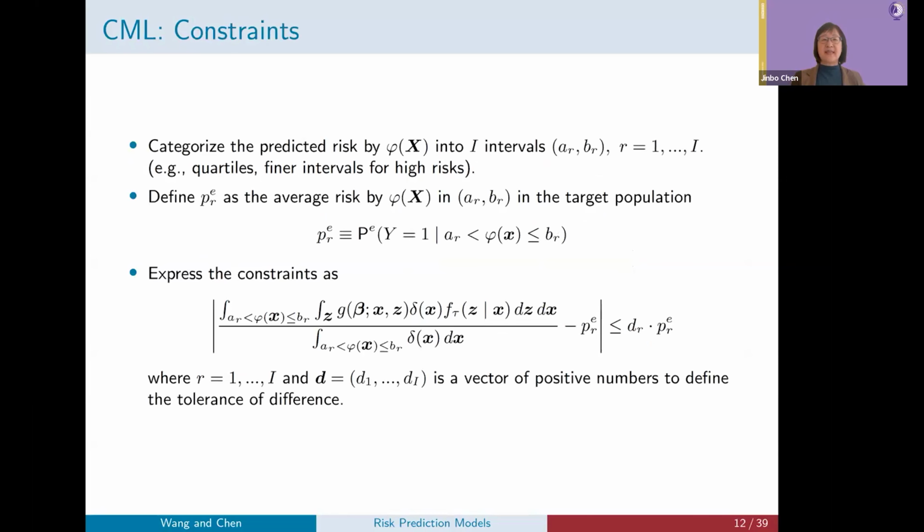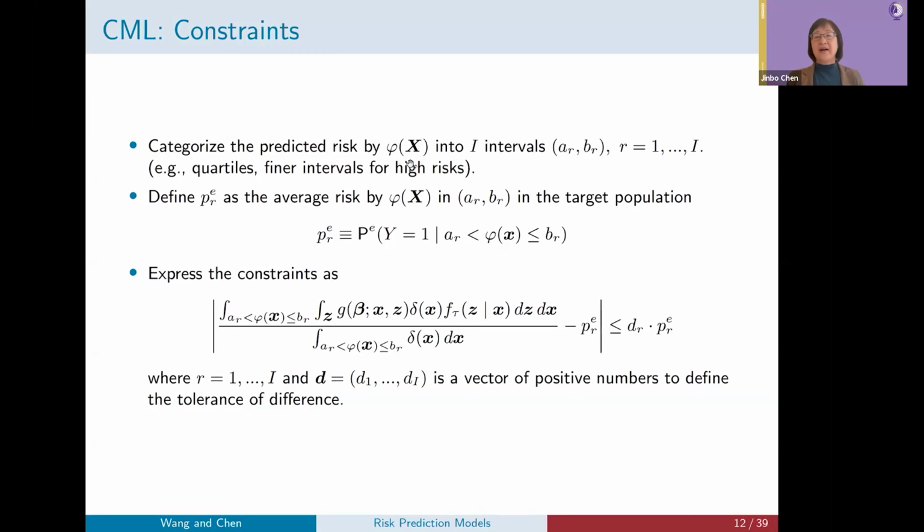So how do we form the constraint? Just to make the story short, our idea actually aligns with the Hosmer-Lemeshow goodness of fit test. So we assume, let's say, we have access to the standard risk prediction model, the Gail model for breast cancer.